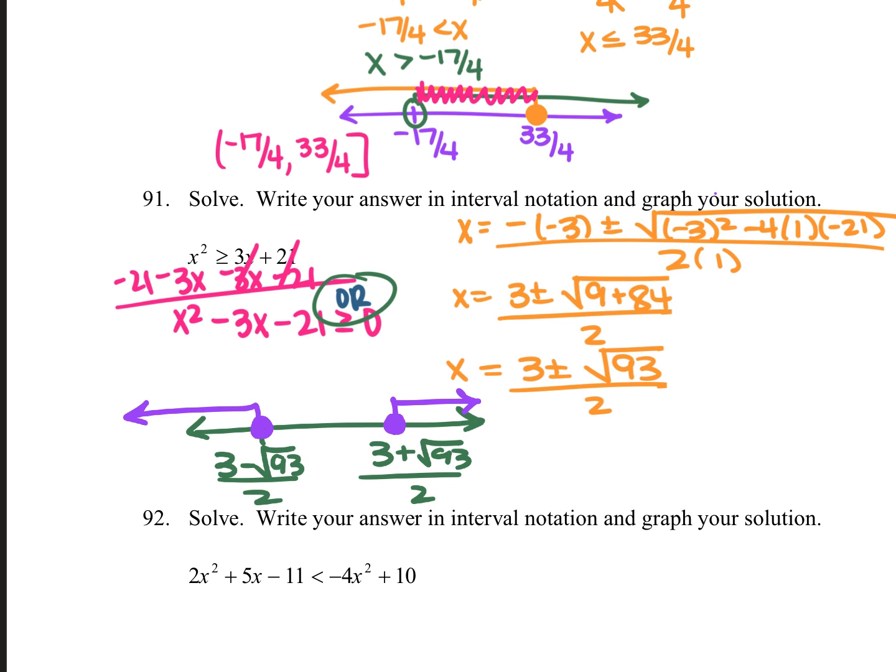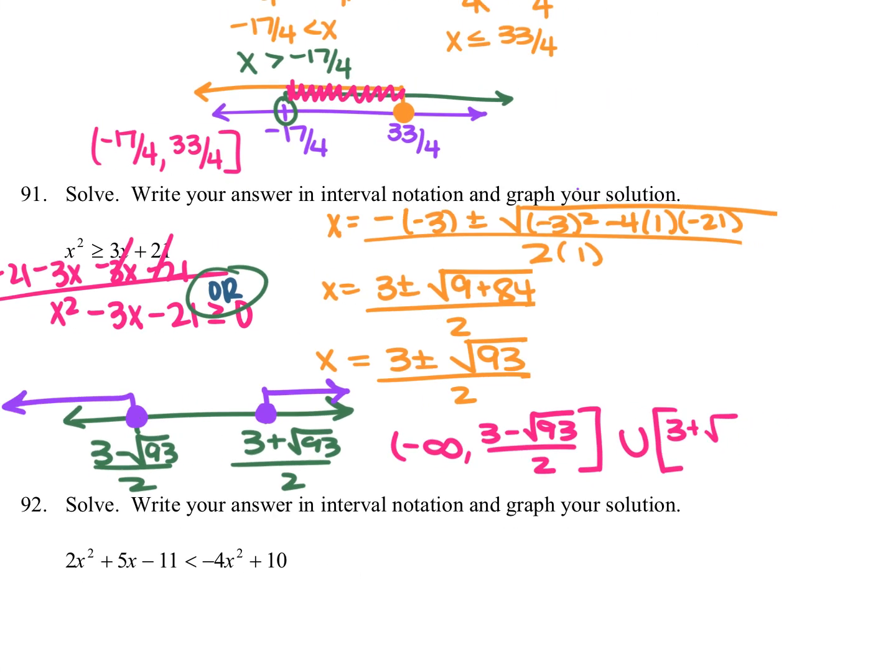So the interval notation for this is from -infinity to 3 minus the square root of 93 over 2, bracket, with a union of bracket 3 plus the square root of 93 over 2, comma infinity.